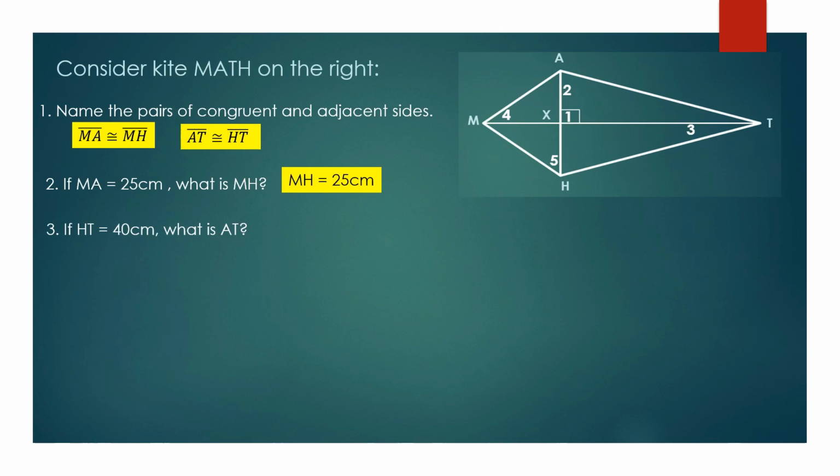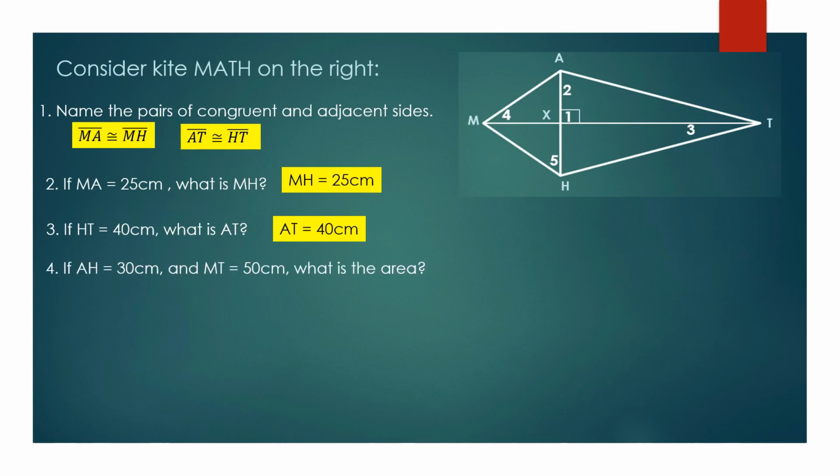Number 3. If HT equals 40 centimeters, what is AT? And the answer is AT equals 40 centimeters. Why? Because segment AT is congruent to segment HT.